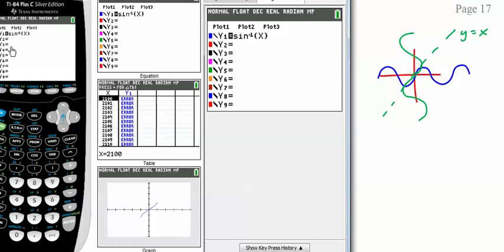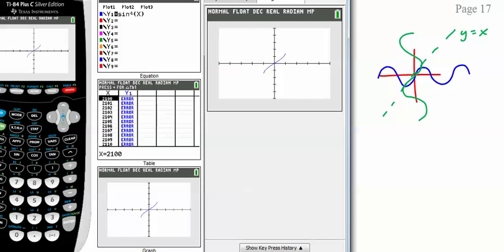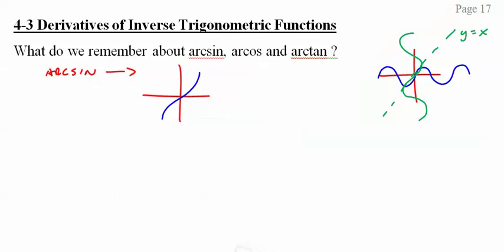I've put in sine to the negative first, and I've graphed it. It just gives us the first chunk, and you can always pull it off of there if you need it. The domain is from -1 inclusive to 1, and the range is from -pi/2 to pi/2.